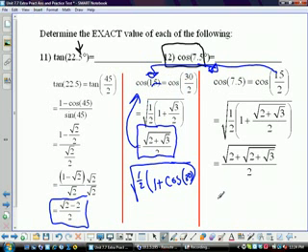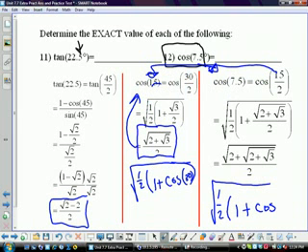So now when I go back, the cosine of 15 over 2 means the square root of 1/2 times 1 plus cosine of 15. But I found the cosine of 15 over here. So the cosine of 15 is the square root of 2 plus the square root of 3 over 2. Does that make sense?